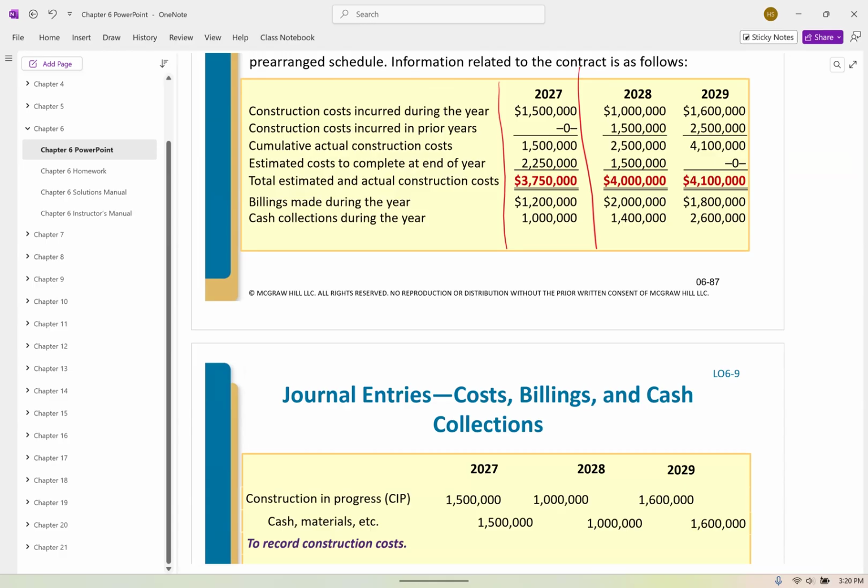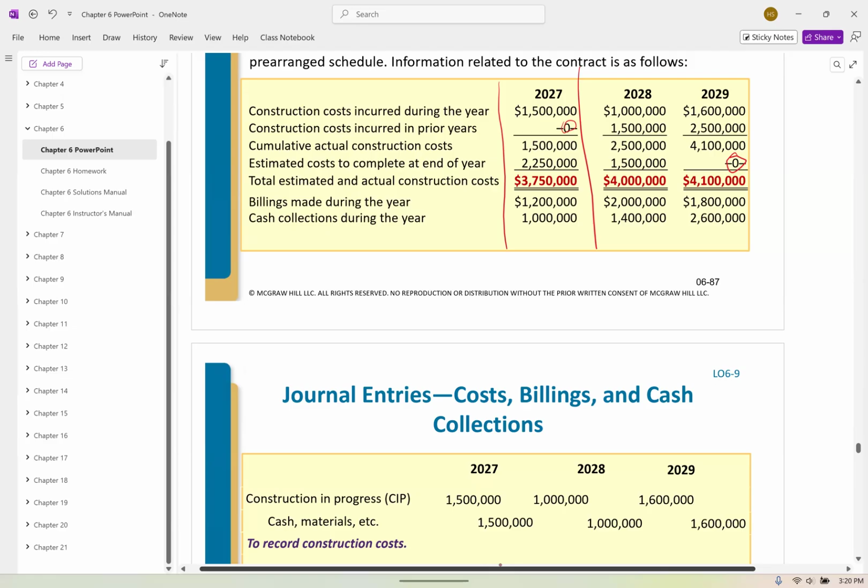We will credit cash, materials, or whatever else, however we put the materials into it. That could be labor, that could be a lot of different things. Up here, cumulative actual construction cost is zero because this is the first year. Notice right here at the end is zero because that's the last year. There wasn't anything in the prior period.